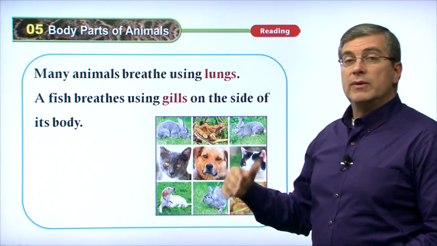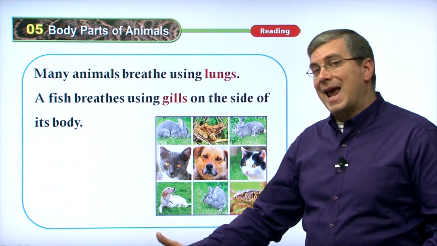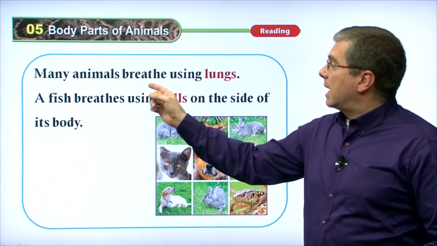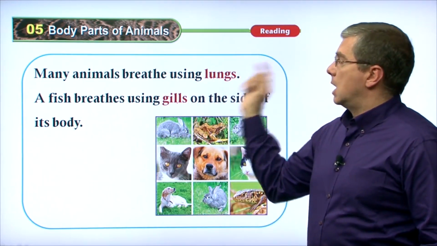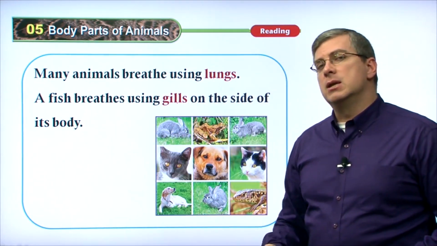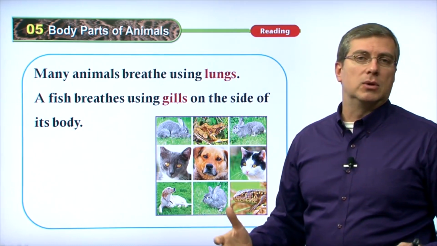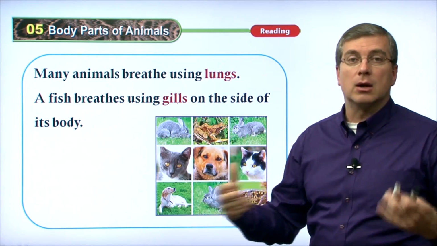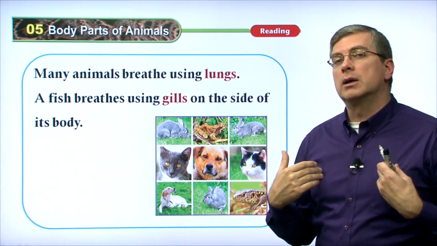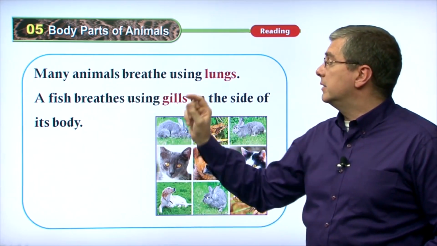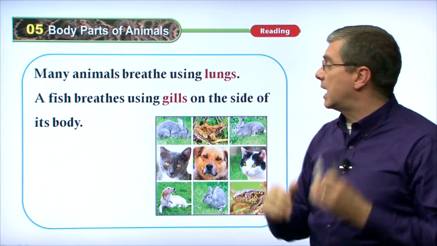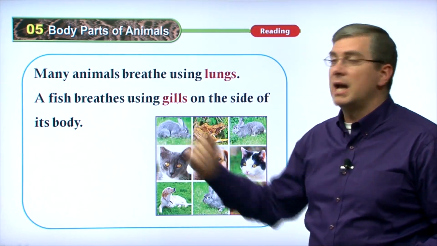Many animals, we're moving away from birds, we're talking about many animals in general. Many animals breathe using lungs. So most animals breathe using their lungs. Most animals on land, in the air like us, we use our lungs to breathe. A fish, however, a fish breathes using gills on the side of its head or its body, right?